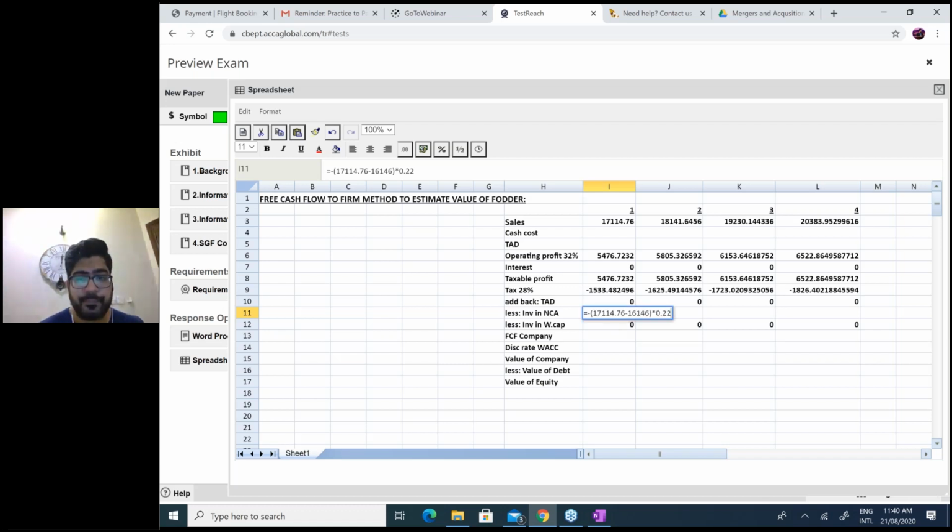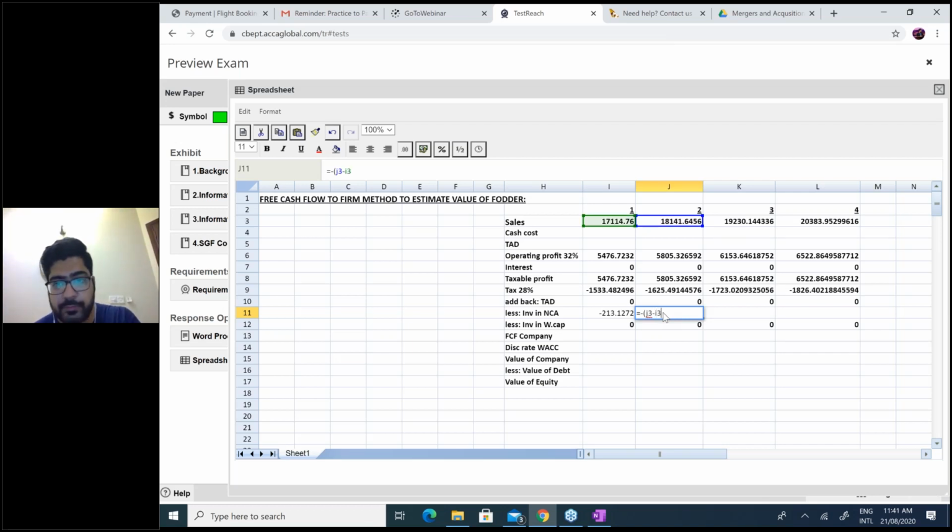Look at the formula. The previous revenue was 16146. Take the difference, increase in revenue, apply 22 cents. Here, what is the difference in revenue? J3 minus I3.